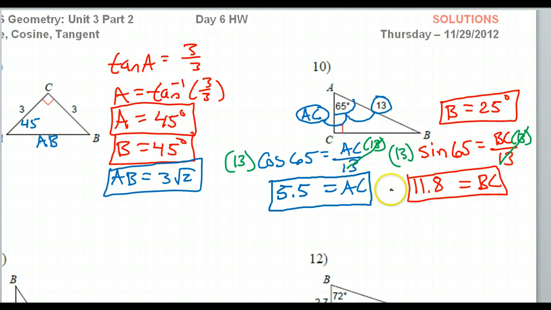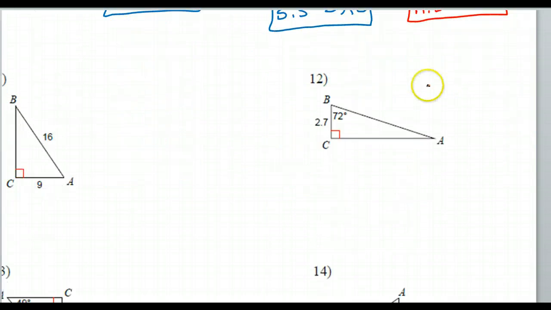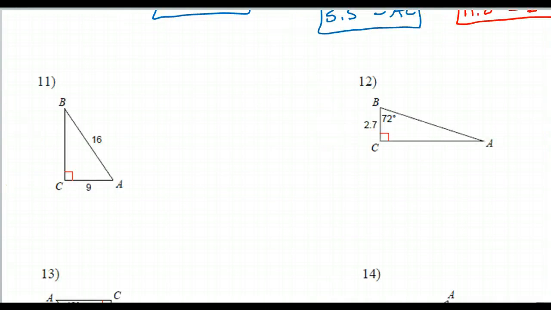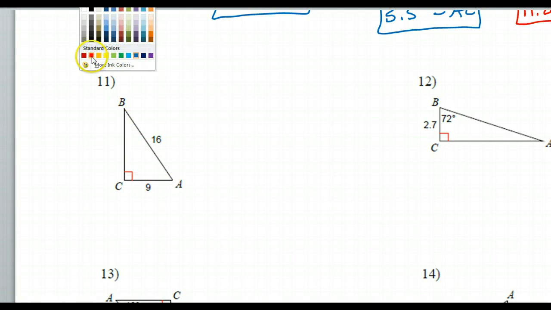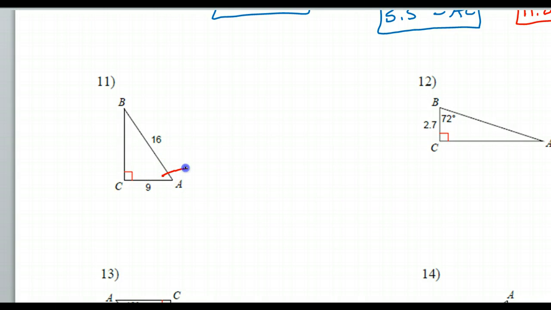Okay, that's our three things for number 10. Number 11. Okay, we need to find two angles and a side. Let's find angle A. Angle A will be found using the 9 and the 16.